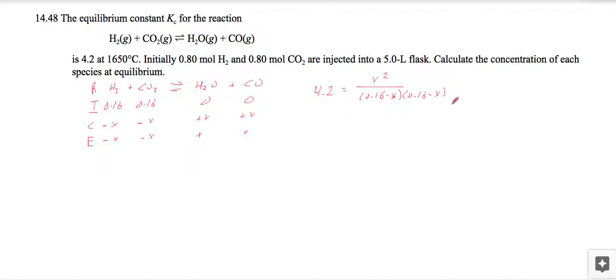Now another way to write this would be 0.16 minus x squared. And if we have a squared expression on the top and a squared expression on the bottom, we can go ahead and do that square root again. Isn't that handy? So we end up with a value of x equal to 0.11.